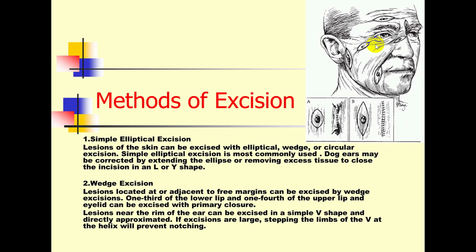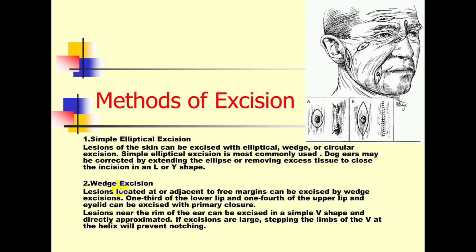Elliptical means that we make an ellipse around the lesion, like on the face, but it must go longitudinally along the Langer's lines of the skin. We must understand, at every place, where the skin tension lines are and how to deal with them, and where the longitudinal axis of this ellipse lies.